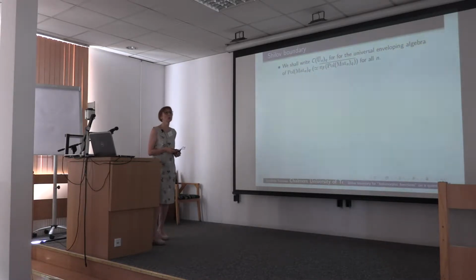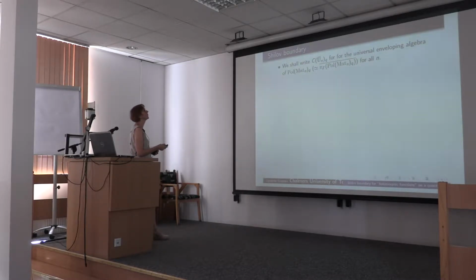So now back to the Shilov boundary. This universal enveloping algebra, which is isomorphic to the image of this special Fock representation, we will call the Q analog of continuous functions on the matrix ball.